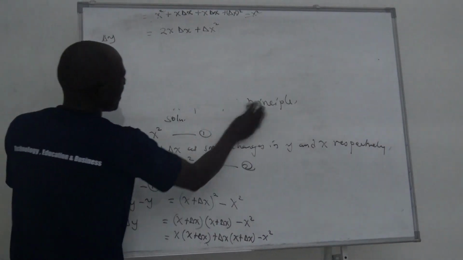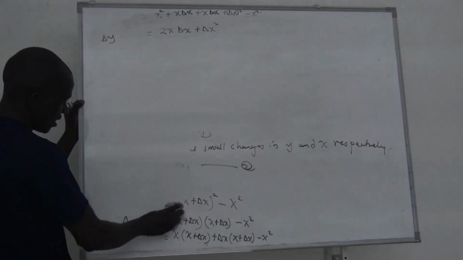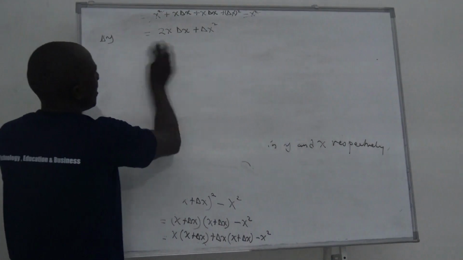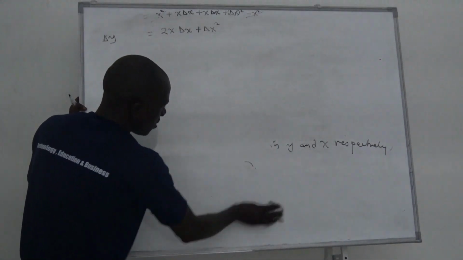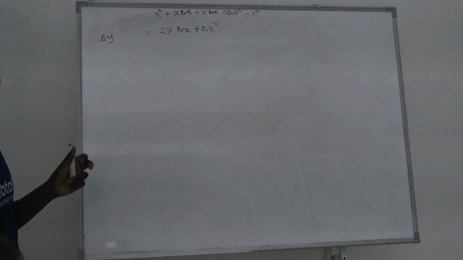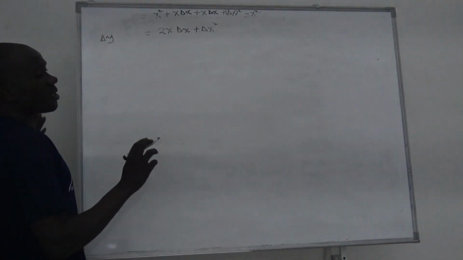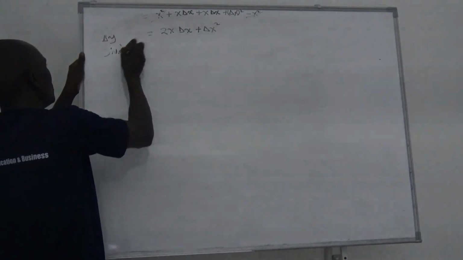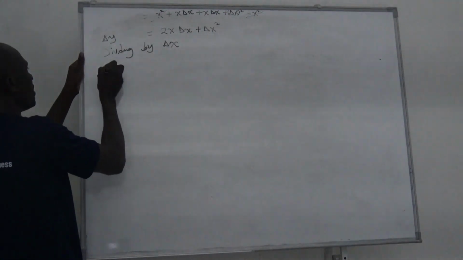We need to go slowly, then we can easily understand each concept. So we say dividing by delta x on both sides. What do we have? We are having delta y.